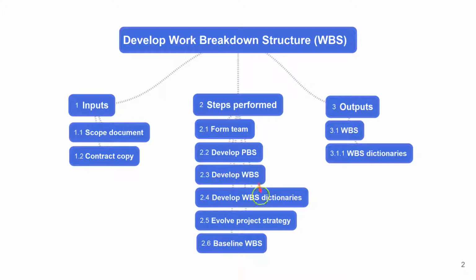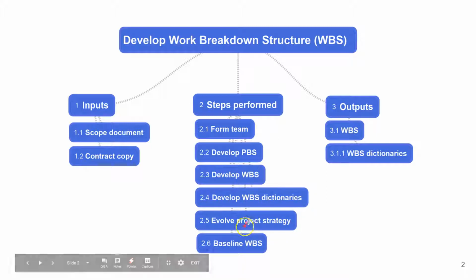And while doing the WBS and the WBS dictionaries, the project strategy also evolves. When I say strategy, we have to decide what things we should make, what things should be subcontracted, what should be the sequencing of work, what material should be used, should we go for concurrent engineering, at what degree of prefabrication we should work, and what technology should be used.